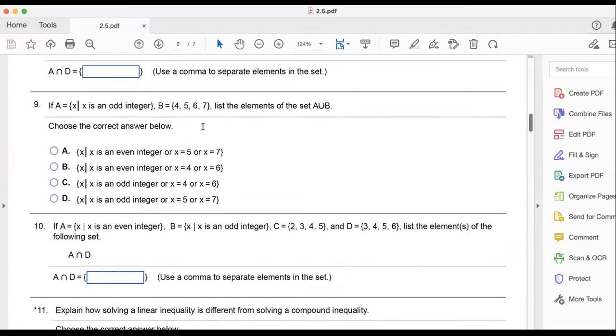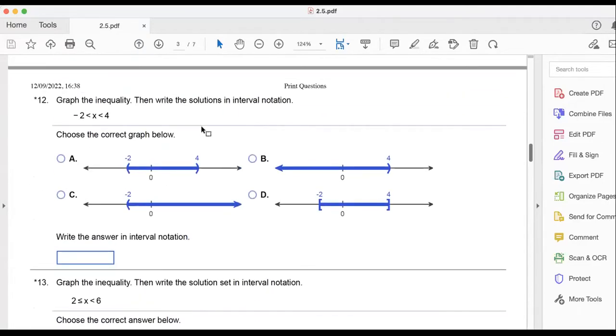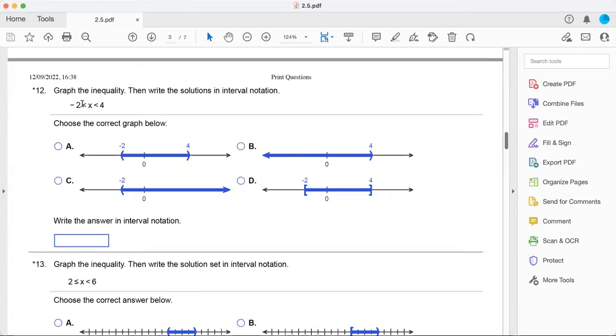All right, I'll do one from here. -2 is less than x, x is less than 4. So this is from the homework. You might get different numbers, but here's a question from the homework.